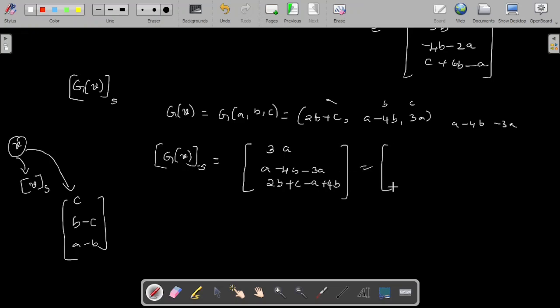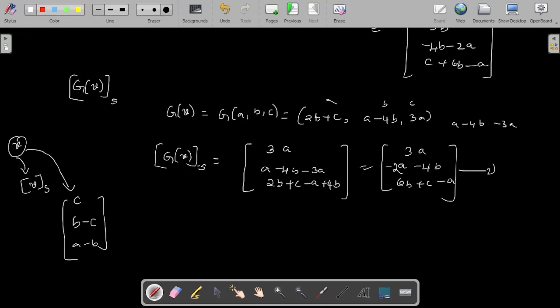So simplify this. A minus 3A is minus 2A, so minus 2A minus 4B. Then here it is 6B plus C minus A.